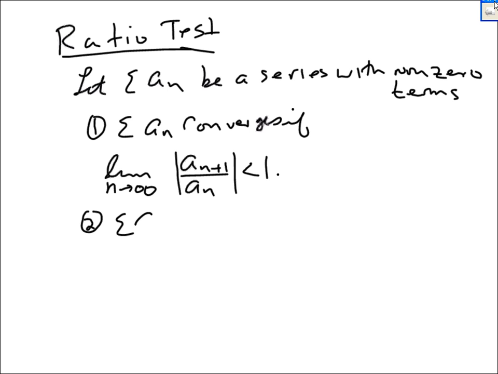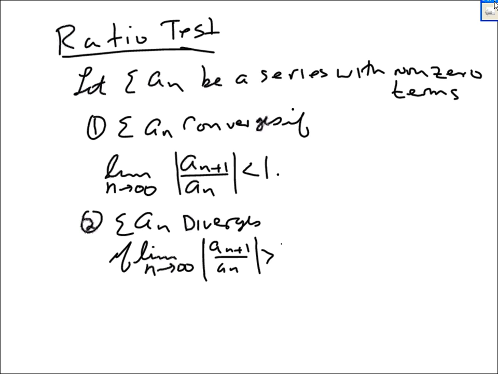Two, the summation of a sub n diverges if that same limit, a sub n plus 1 over a sub n, is bigger than 1. And three, the test is inconclusive if the limit is 1.